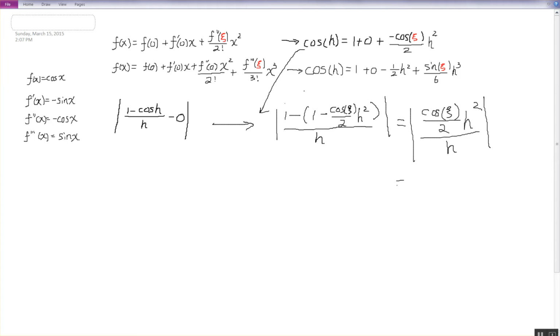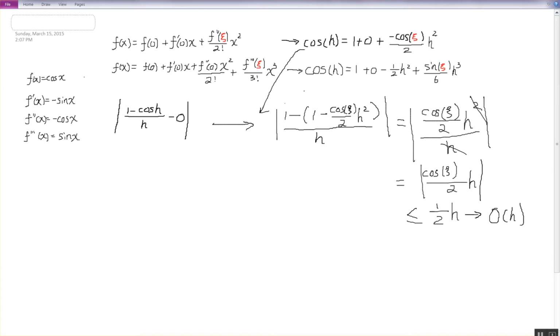So in this case, I'm left with cosine xi over 2 times h. And you can now bound this: cosine is less than or equal to 1. So we know it's going to be less than or equal to 1 over 2 h. And you can now see this is a constant times h. So it works out nice.